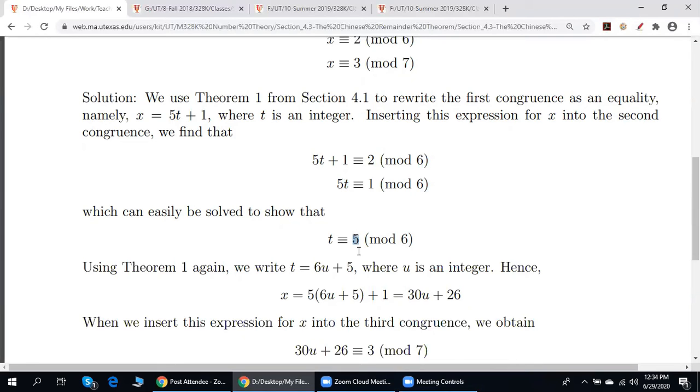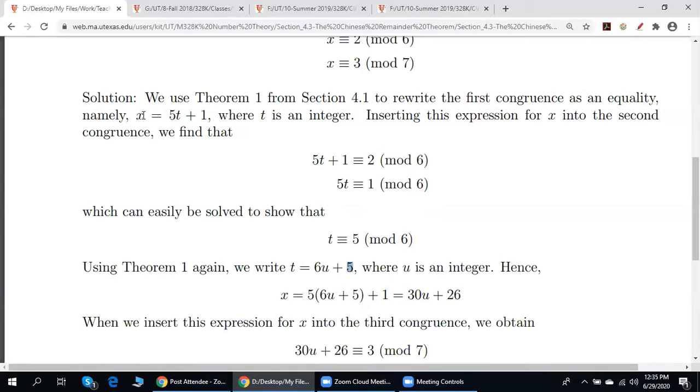However, 5 does work because 5 times 5 is 25, minus 1, 24 is divisible by 6. So, these are all solutions of this congruence. Note that since t is congruent to 5 modulo 6, t is of the form 6u plus 5.